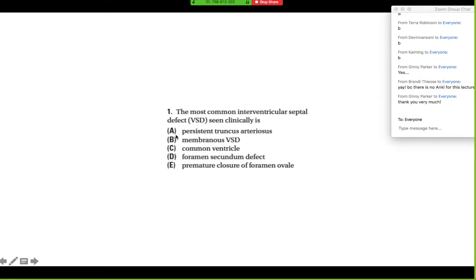All right, so practice question time. The most common interventricular septal defect seen clinically is what? B, that's correct, membranous VSD.